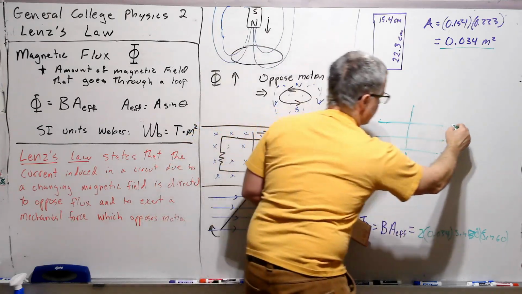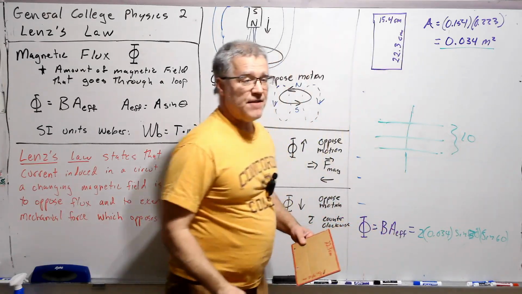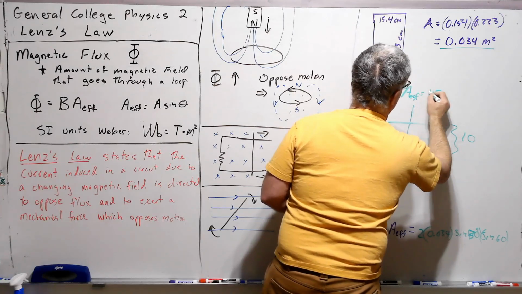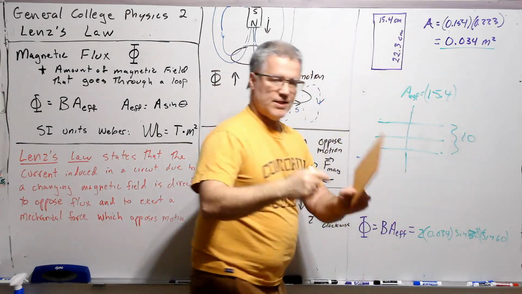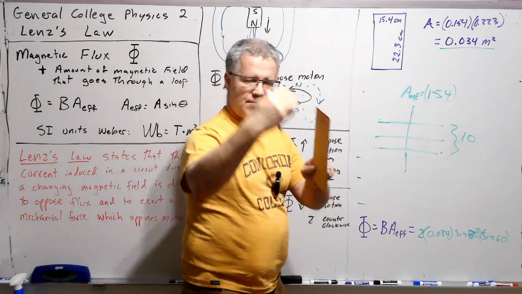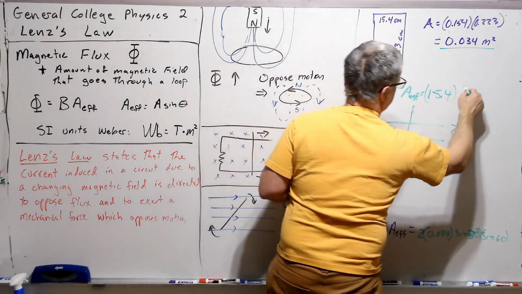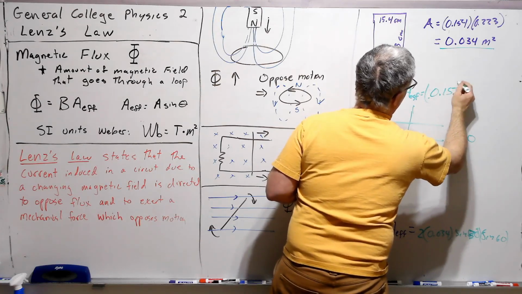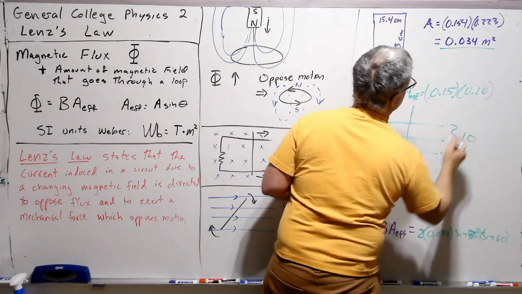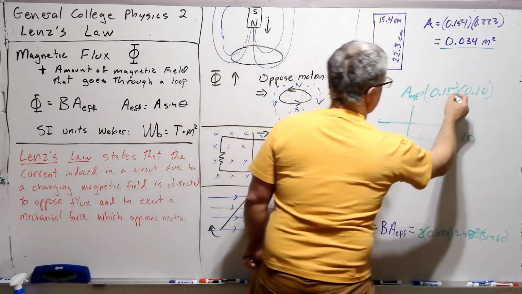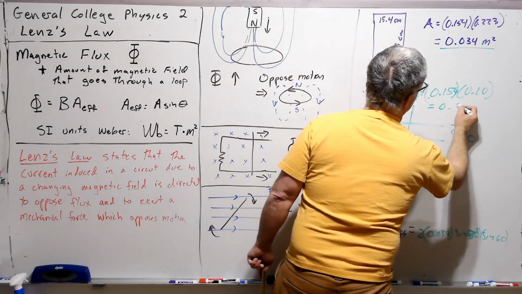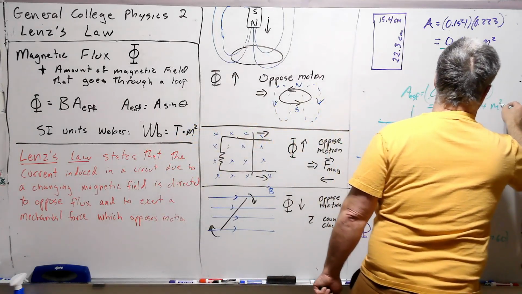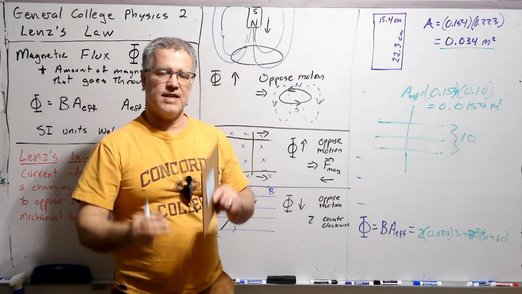And this is only 10 centimeters here. So my effective area would be 0.154 times 0.1, because my width is fine, but I'm not getting it through my whole loop. That's in meters squared.